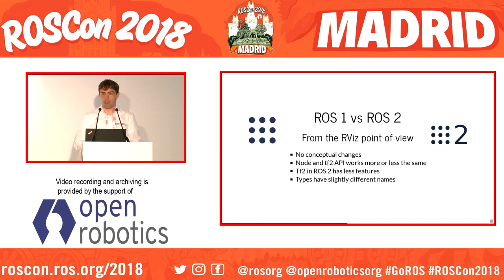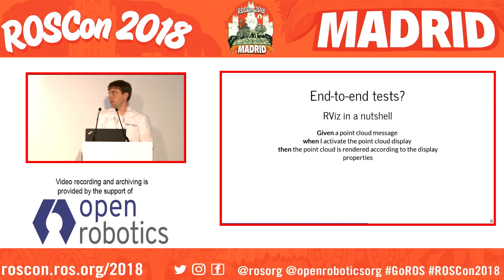Having said that, I want to continue with the end-to-end tests. For that, let's first recap what RViz is doing at its core. If you formulate it as a typical test sentence: let's say you give it a point cloud message, and then I start RViz and activate the point cloud display.